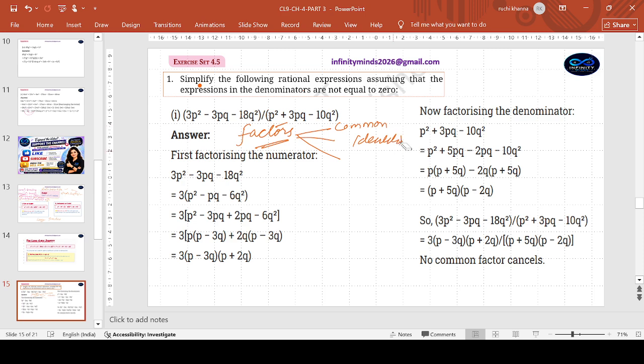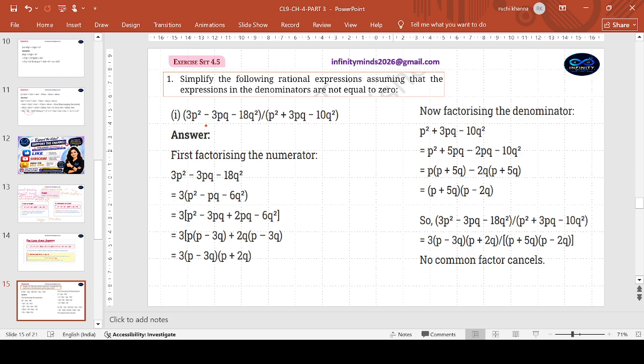For identity application, you have to check for square values, splitting the middle term, and identities themselves are of so many types. So it is only through simplifying the expressions in various ways that you have learned in all the previous 4 exercises. Sum total of all of that. It's like the 5th exercise takes care of all the previous ones. One question from here and your entire chapter knowledge gets tested.